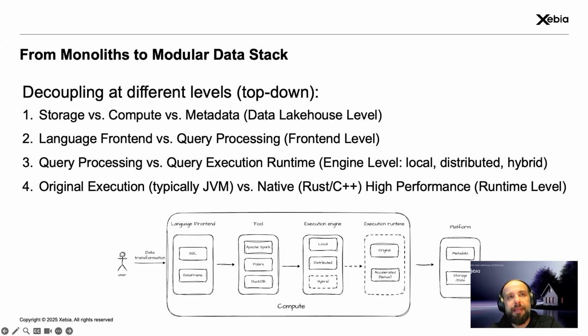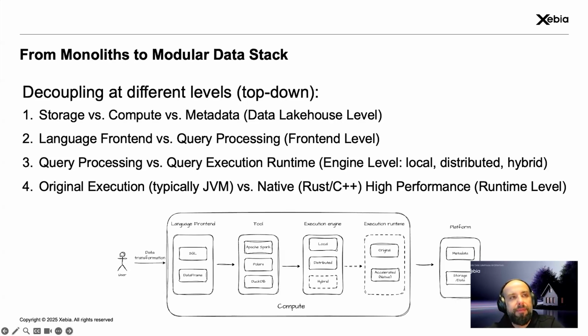Hybrid meaning that, for example, it can be executed partially locally on a machine and partially in the cloud. This is something that, for example, DuckDB with the MotherDuck service is promoting. And finally, as we said, we are observing the shift towards some native accelerators.